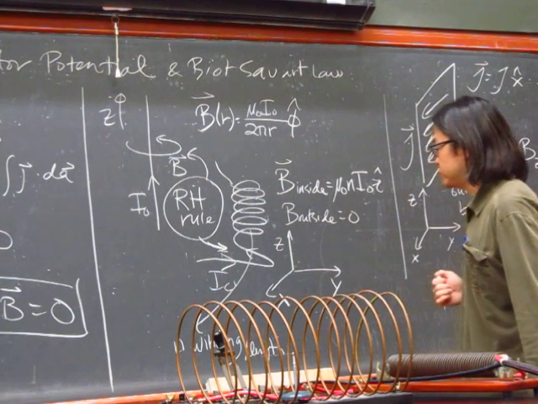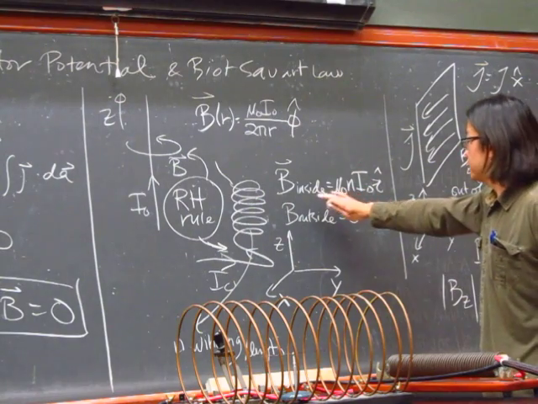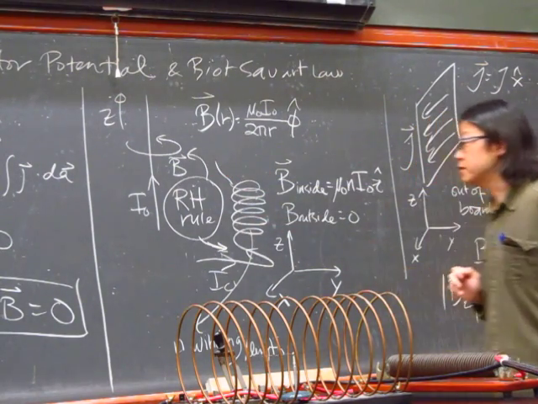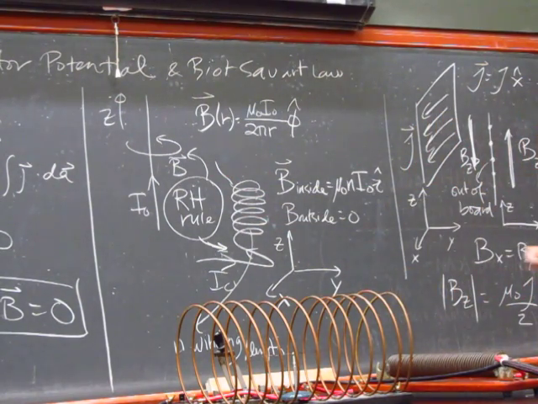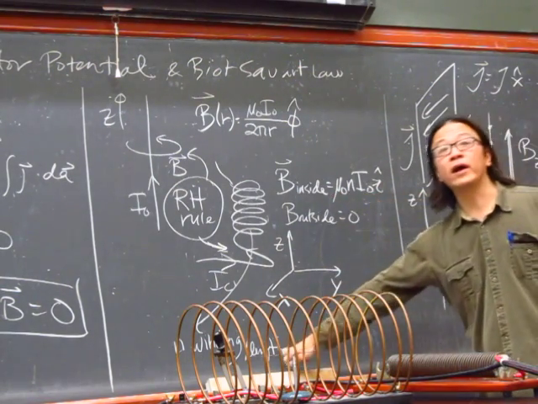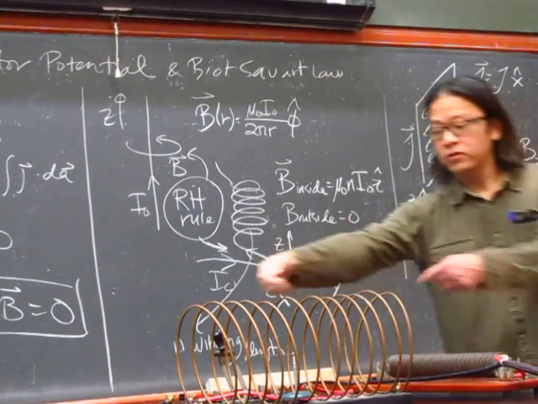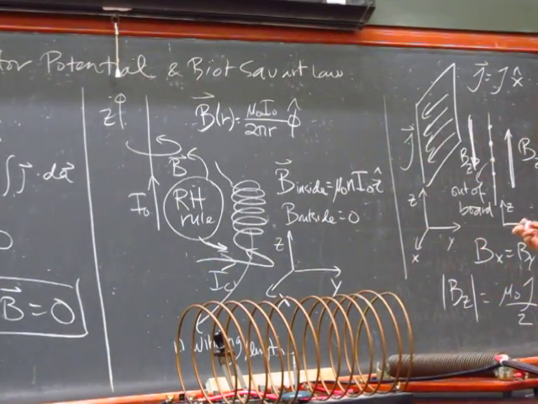for the field of a solenoid, it is actually very important for a lot of applications in electronics and circuits. And the B field inside, by just applying Ampere's equation, we find that the B field inside is given by mu naught n, where n is the winding number, the windings of the coil per unit length, okay?